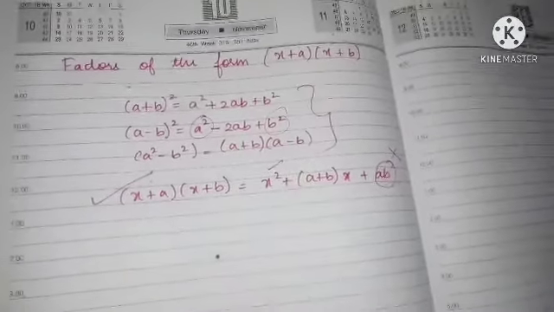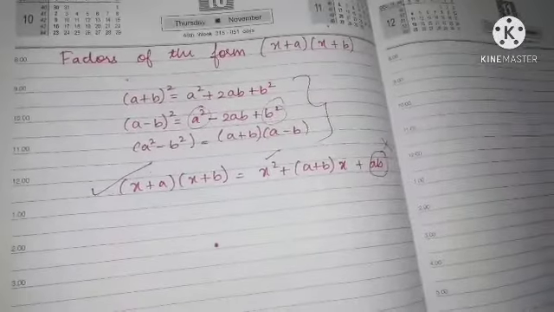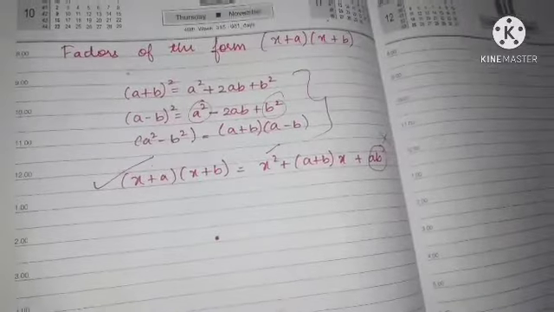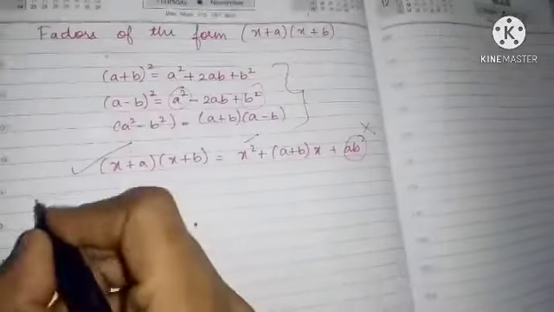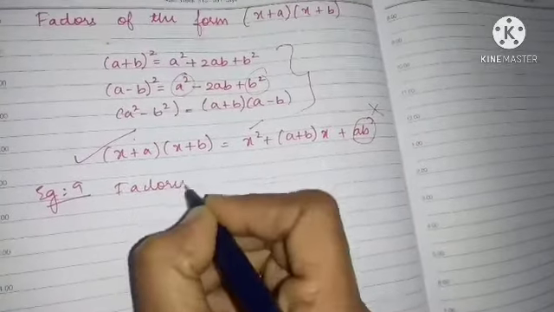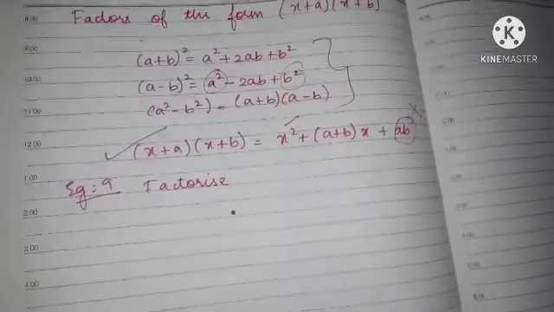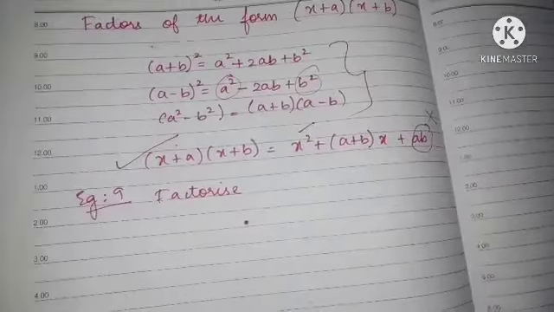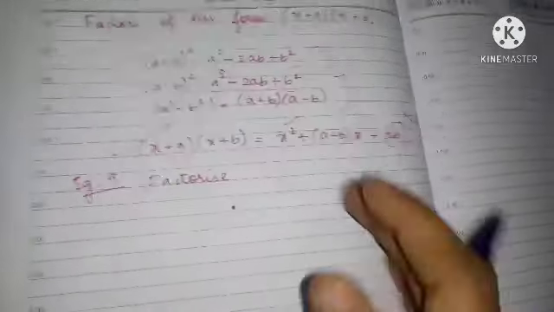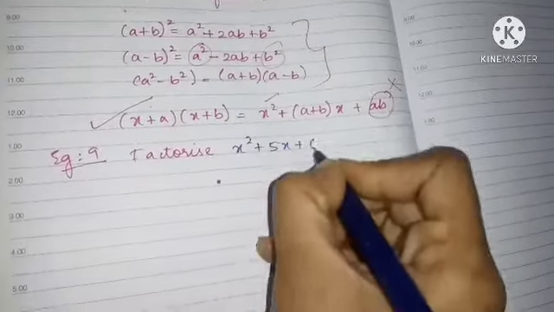There are two or more methods to find this identity. Now we are going to find it using example number 9. See children, when you are first learning this, it is a little bit confusing, but when you work out enough problems, you will understand it more clearly. Okay, so factorize x square plus 5x plus 6.